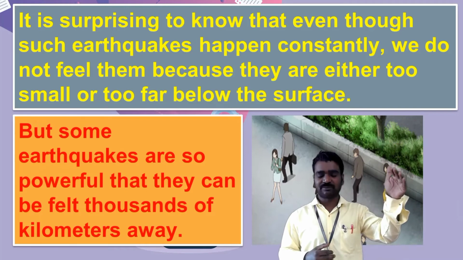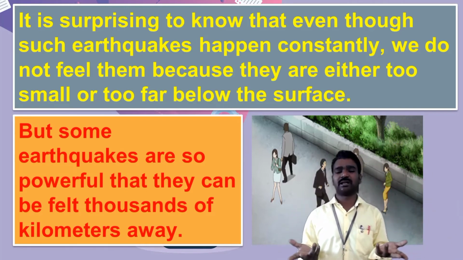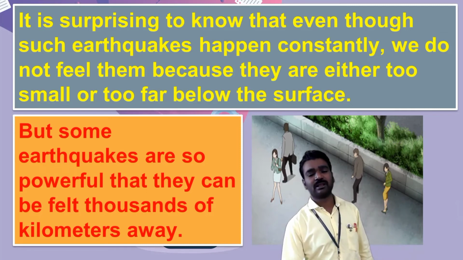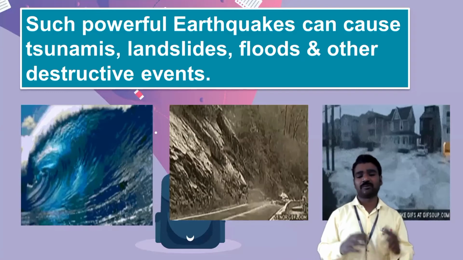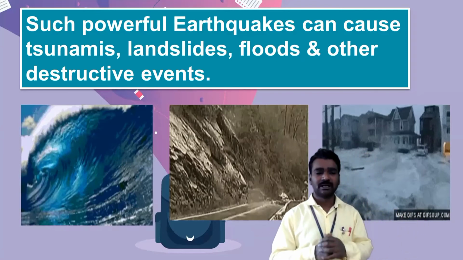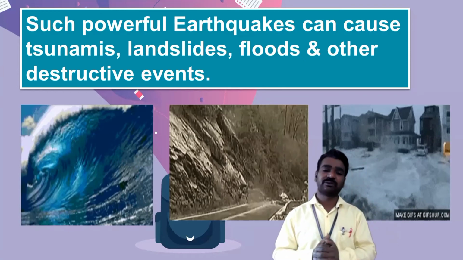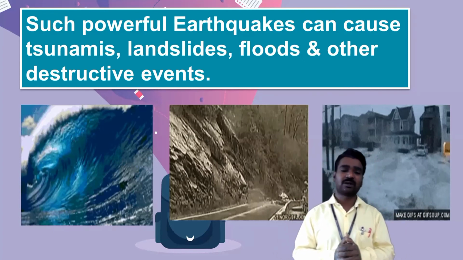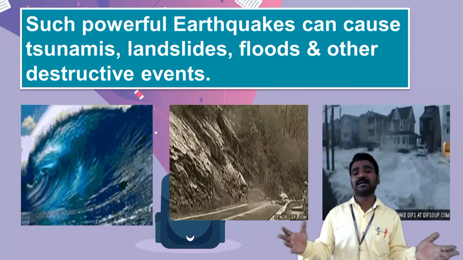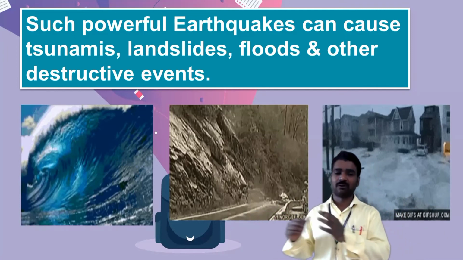If these seismic waves are strong enough, an earthquake will be felt, and if they are not strong enough, we may not be able to feel the earthquake, or even if we feel it, it does not cause any harm to life and property. But whenever these seismic waves are stronger, powerful earthquakes can be felt, and these can cause other kinds of natural disasters like tsunamis if they happen under the water.